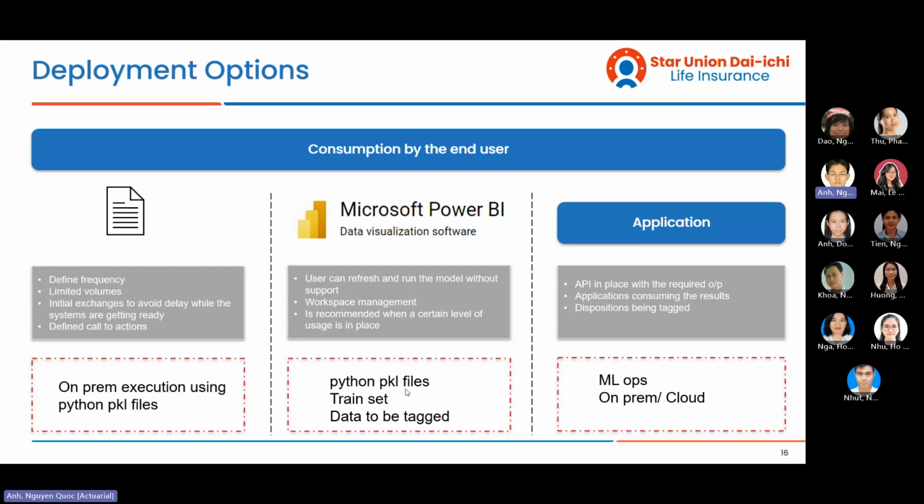The IT team will obviously support in terms of giving the infrastructure for having this model deployed, either in Power BI or on a server, because laptops may not be the end objective for running such production workloads.